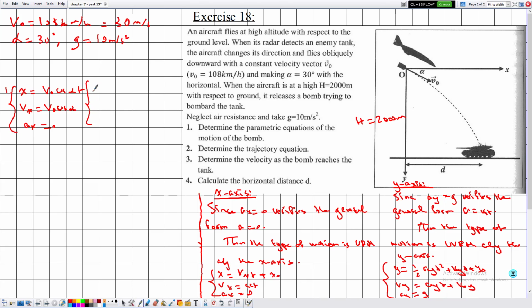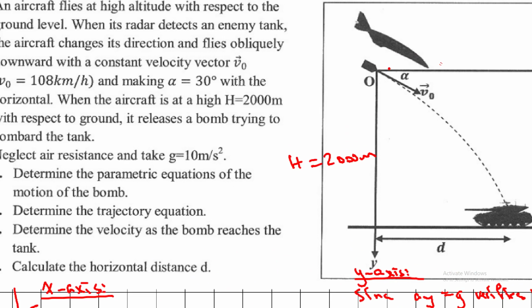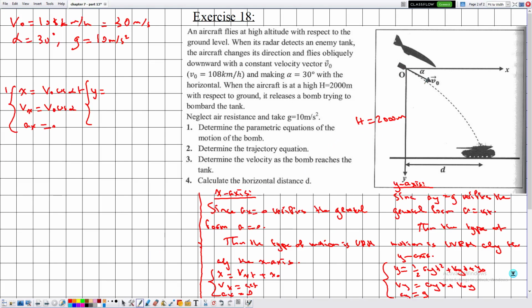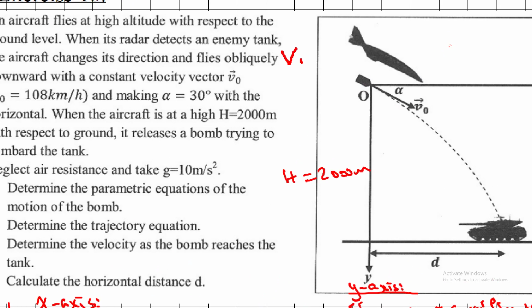As for the y component, what do we have? The value of y_0 is 0 because this is the origin. The projectile at the instant t_0, t equal to 0, has y_0 equal to 0 because it coincides with the origin. Now v_0y is equal to plus v_0 multiplied by the cosine of this angle, which is pi by 2 minus alpha.